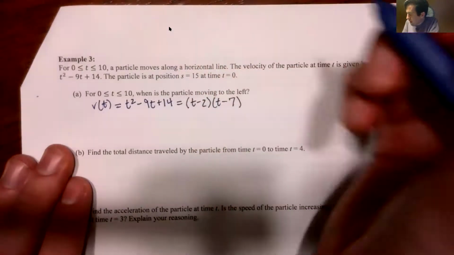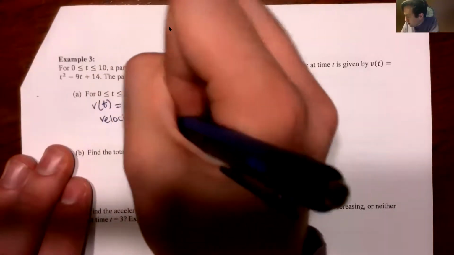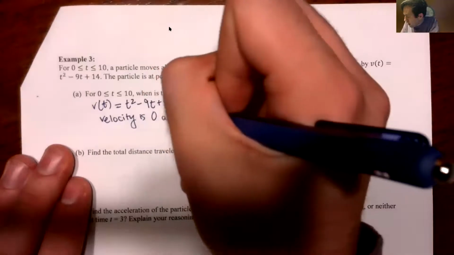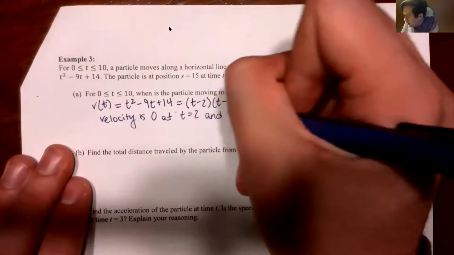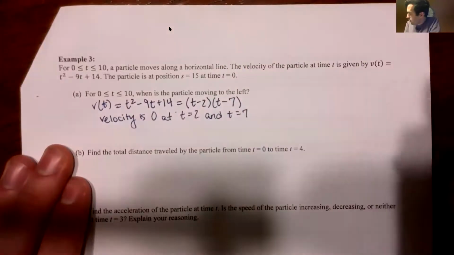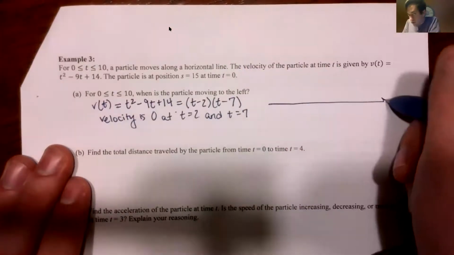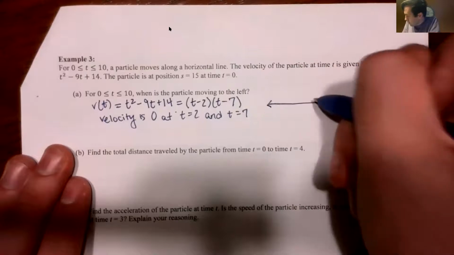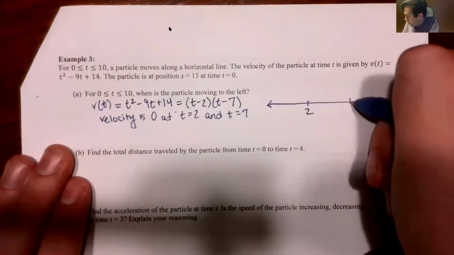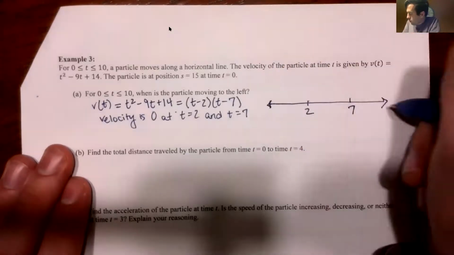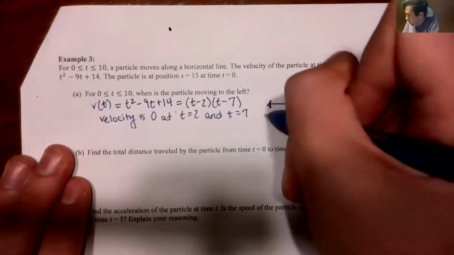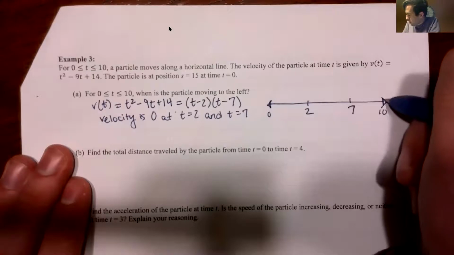And so what I found is that the velocity is 0 at t equals 2 and t equals 7. So I'm going to set up my sign chart. I'm going to use 2 and 7. And we actually have endpoints here, so I don't really want arrows at the end. It's going from 0 to 10, like the question said.